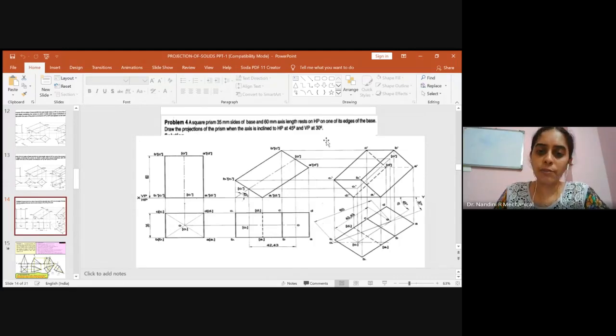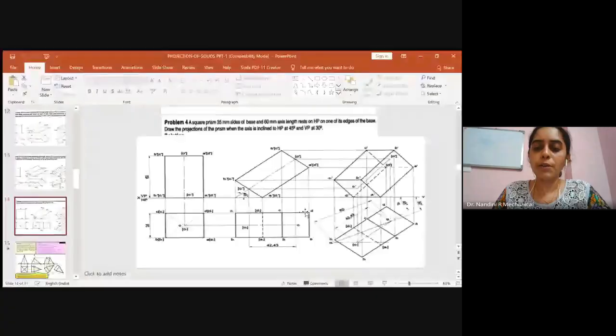So you know when you view from the top, the top surface will be visible. So this surface we will join immediately. I have shown this already. So when it is being inclined on this surface and when you view from the top, the top surface will be visible fully. And hence you will show the visibility.